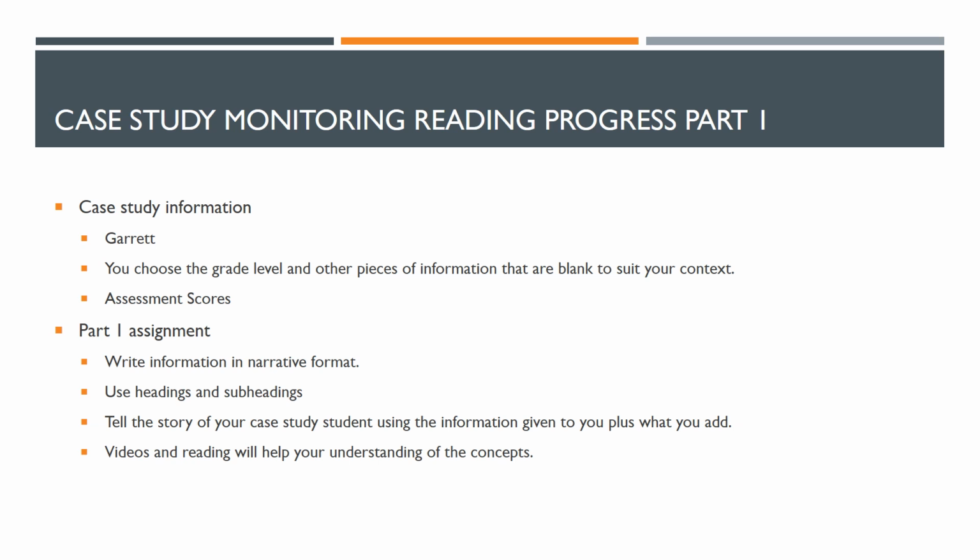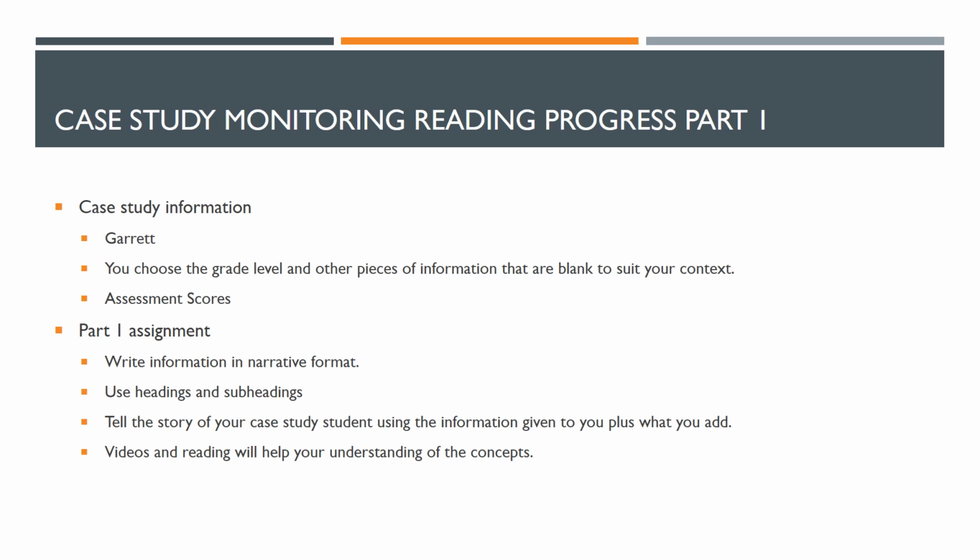That is because, again, I want you to be able to apply this to your grade level, your subject, whatever it is that you're teaching, so that you can learn about this through your context. So anything that's left blank, you can fill in. So you're going to choose the grade level and other pieces of information to suit your context.